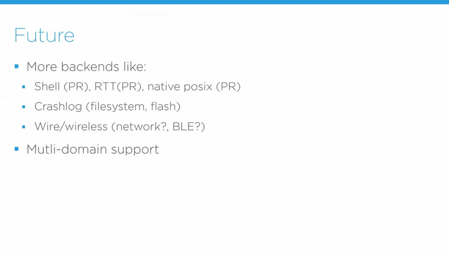Probably somebody will add a flash or file system backend for logging to flash, and others will probably appear, like candidates such as Bluetooth or network or Bluetooth mesh, whatever. And the multi-domain support, of course, will come if there is a need.